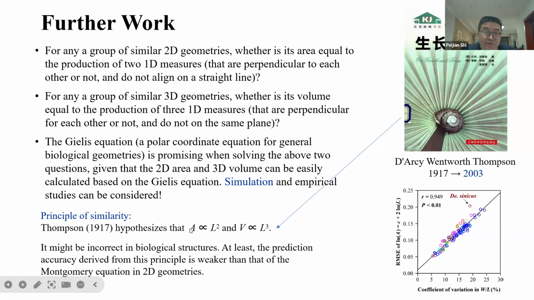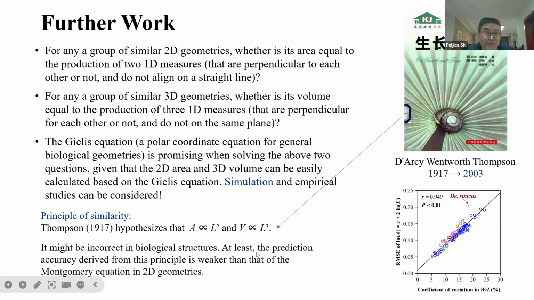He assumed that area is proportional to the square of its length, and its volume should be proportional to its length to the power of 3. However, from our recent work, it might be incorrect in biological structures.